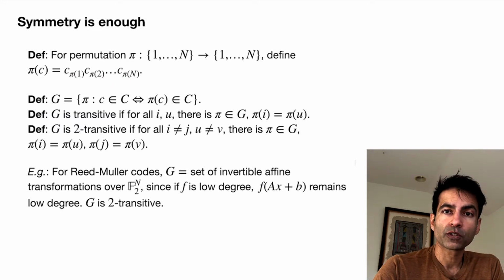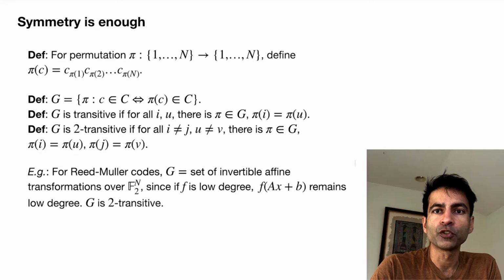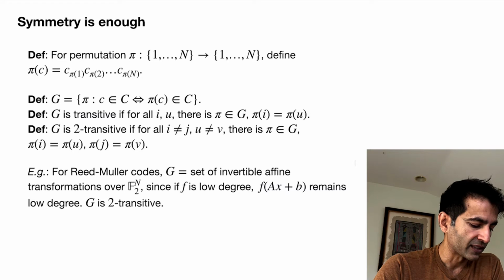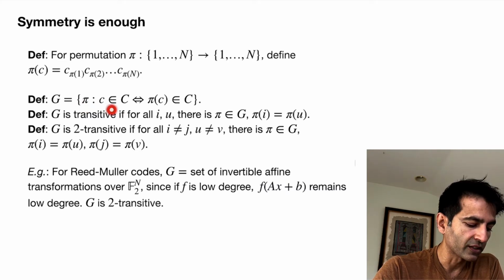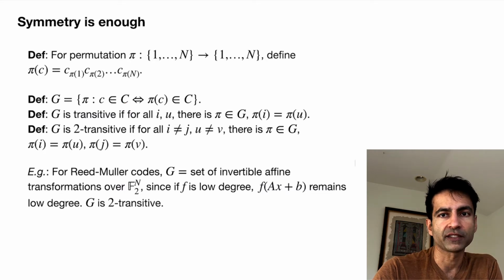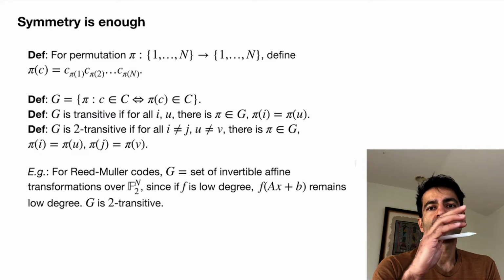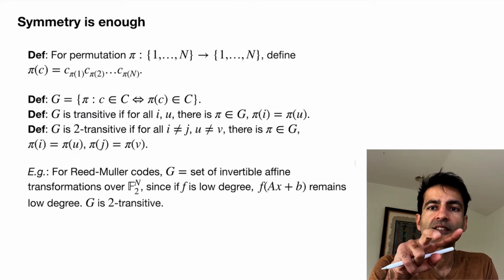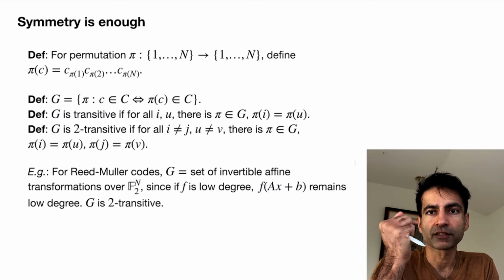So now, given a code, we can talk about its group of symmetries, and this is just the set of all permutations that do not change the code as a set. So it's exactly the set of permutations pi, such that c is in the code if and only if pi of c is also in the code. Now we'll say that G is transitive if whenever you have two coordinates, there is a permutation in the group of symmetries that maps one of the coordinates to the other.